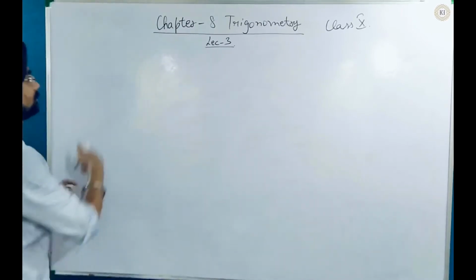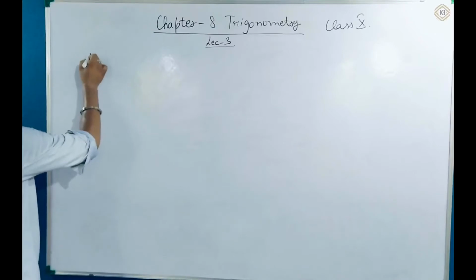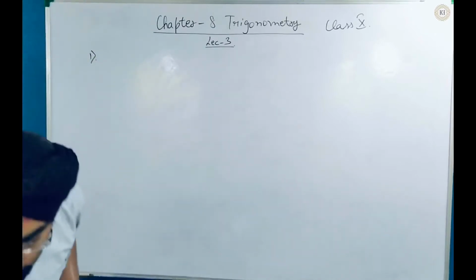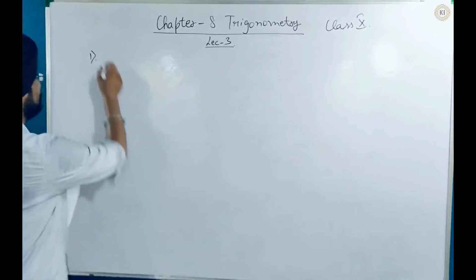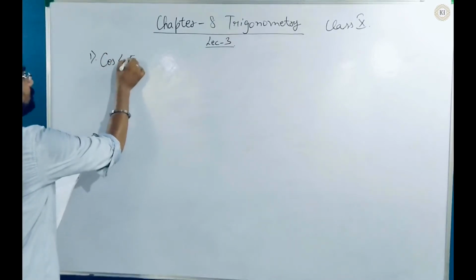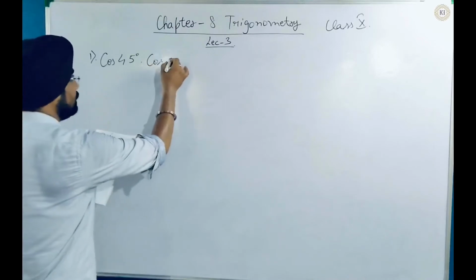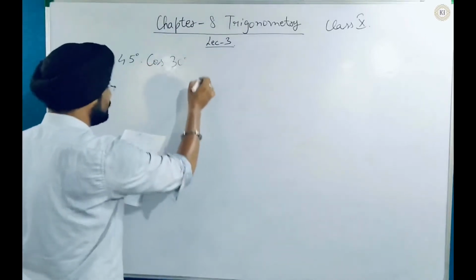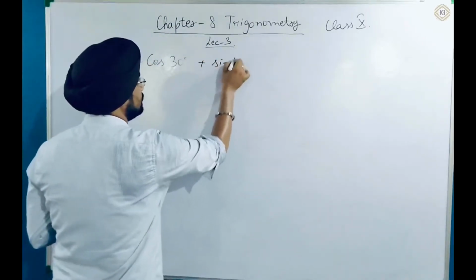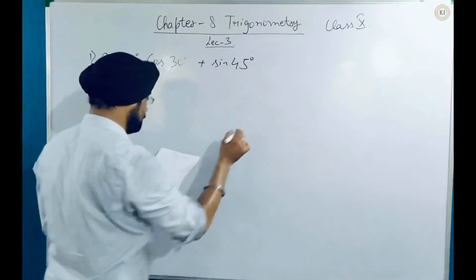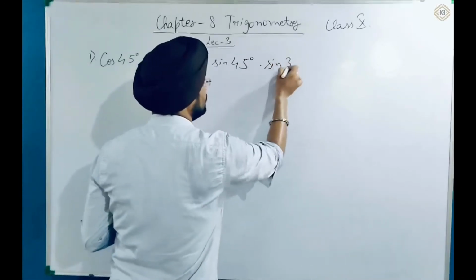Now see here, question number first. How to solve the questions? Question is given as cos 45 degree dot, means multiply, cos 30 degree plus sine 45 degree dot sine 30 degree.